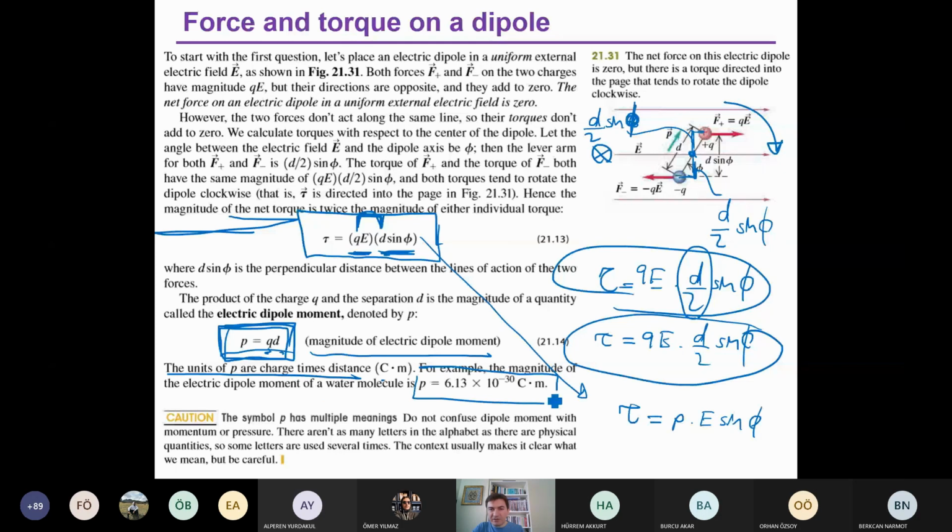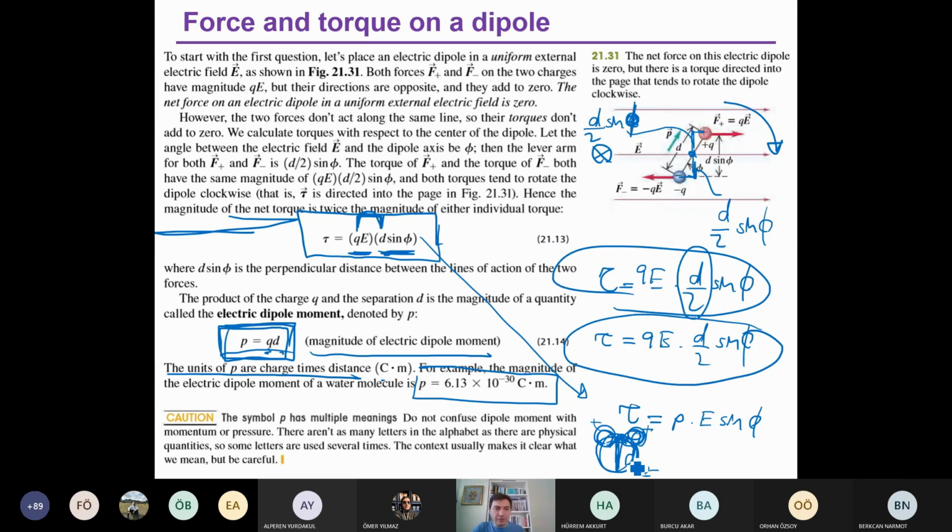Roughly, hydrogen atoms and oxygen are here, and these are positively charged, and this is negatively charged, and we have a dipole like this. Okay, this is the distance between negative and positive charges, and the charge is also known. Then you can calculate the electric dipole moment of the water molecule.